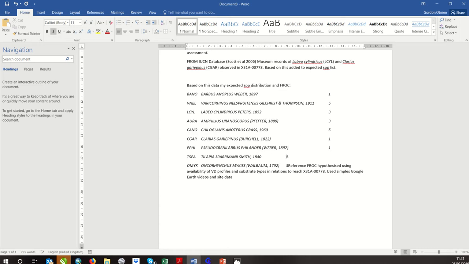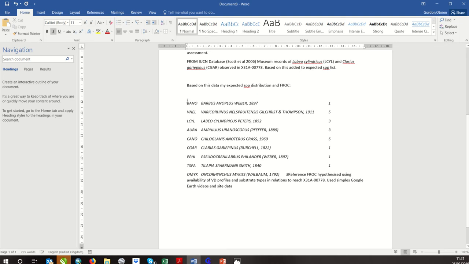I'm making a table from my Frai sheet of abbreviation, species, and this is my ref frock, and then I've got an OBS frock. That's my observed frock. You guys with me?